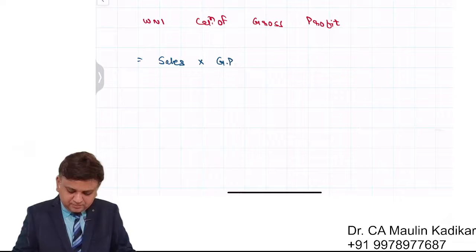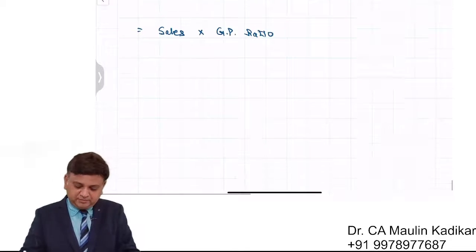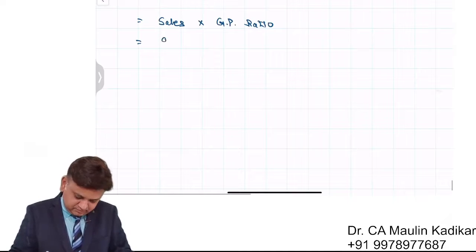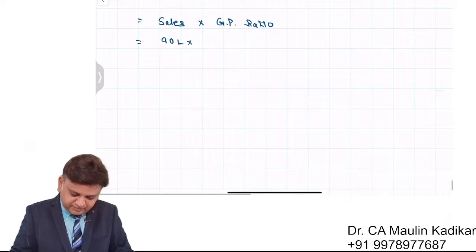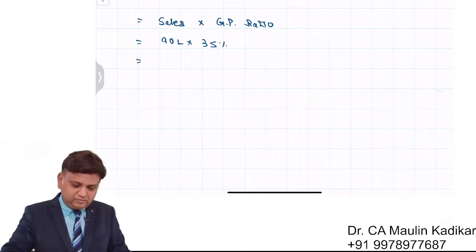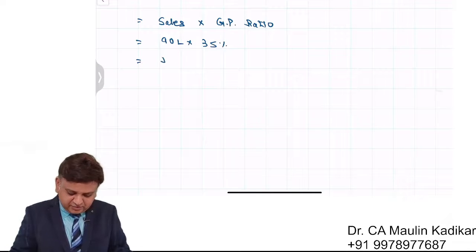Sales into GP ratio: 90 lakhs into 35%. That comes to 31,50,000.